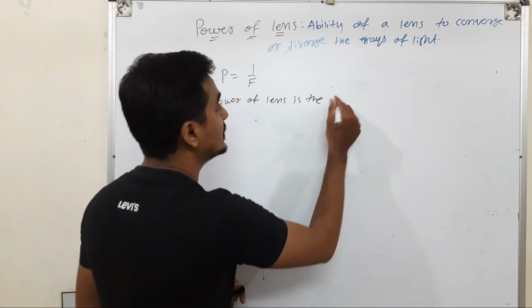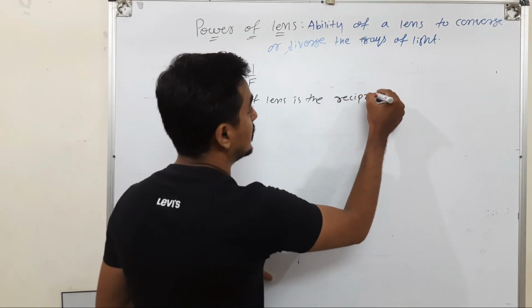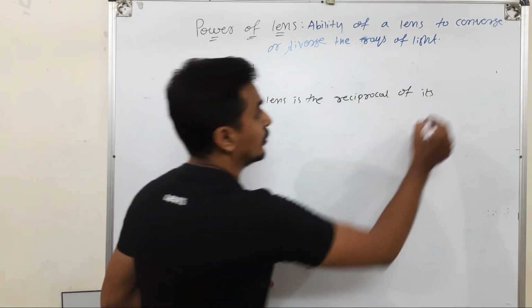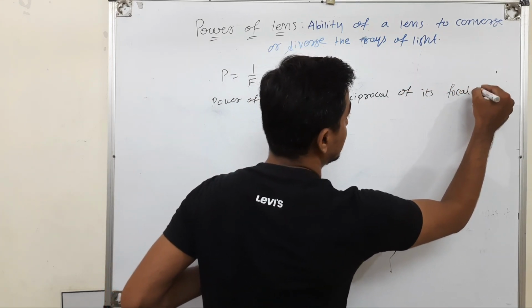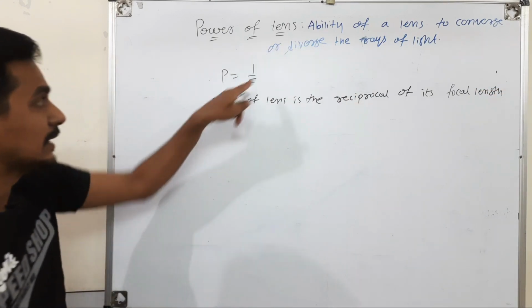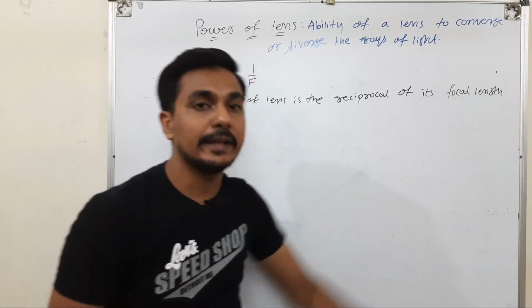The power of lens is the reciprocal of its focal length.